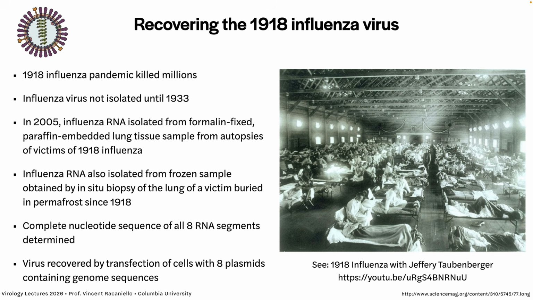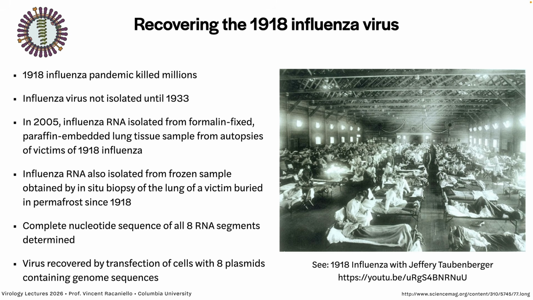In 2005, an investigator, Jeff Taubenberger, and others at NIH extracted influenza virus RNA from paraffin-embedded lung tissues. So as you know, 1918 was around World War I, and a lot of U.S. service people died of influenza.